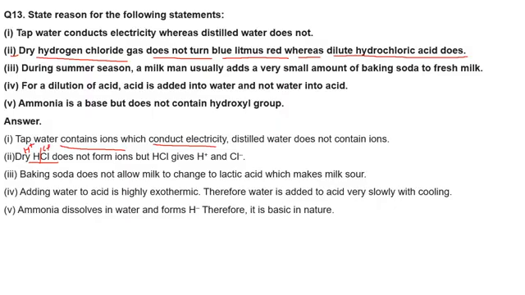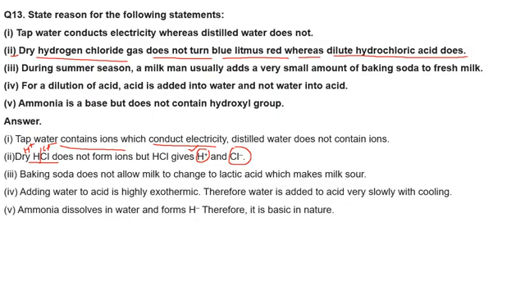So you won't find any change in the blue litmus paper. Whereas in an acid in which hydrogen ions and chloride ions are dissociated, this hydrogen ion is basically responsible for the acidity, right? And that is why it turns blue litmus paper red.